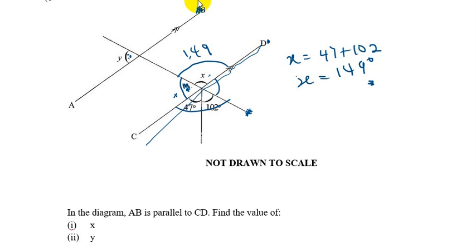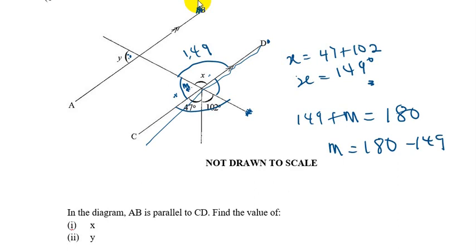So let me put m here. So it will be 149 plus m to be equal to what? 180. So m will be equal to 180 minus 149. Okay. Then we are going to get m being equal to 31 degrees.